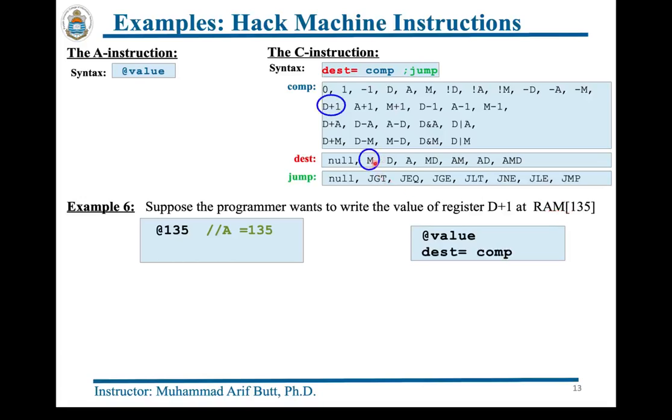The destination is M and the computation is D plus 1. So in this example, we have written D plus 1 inside the memory at address 135.